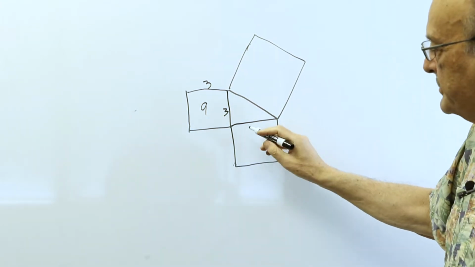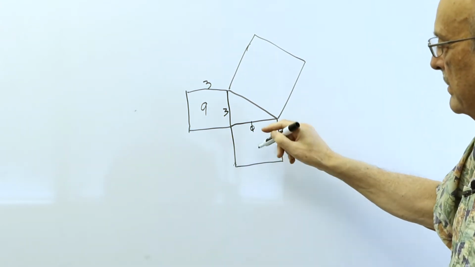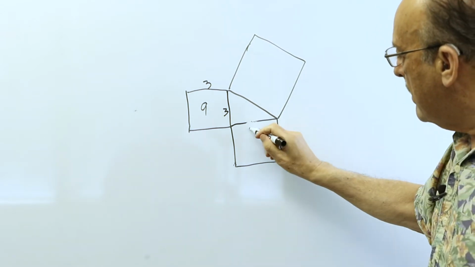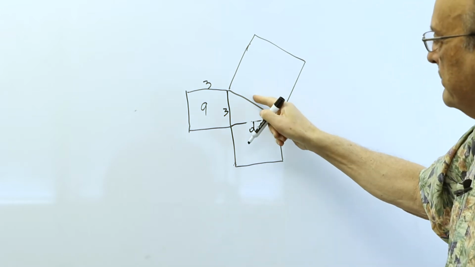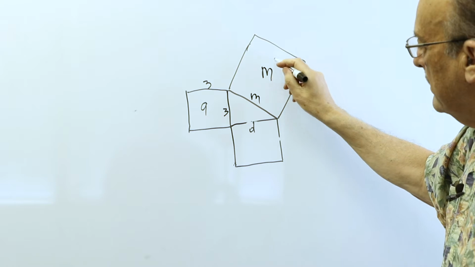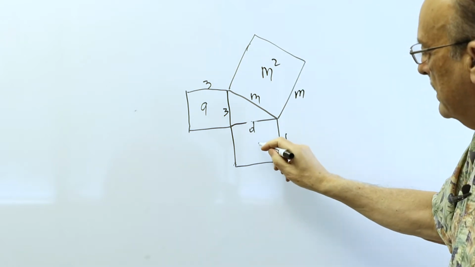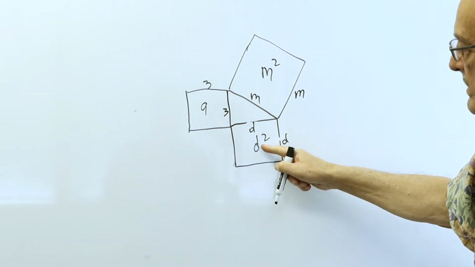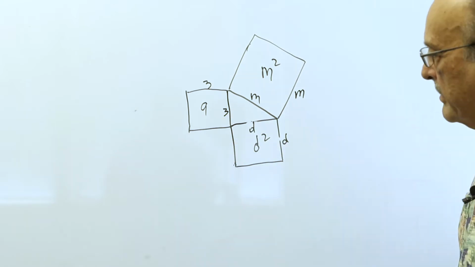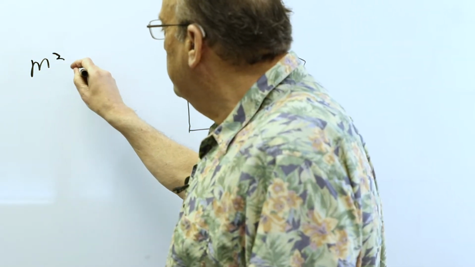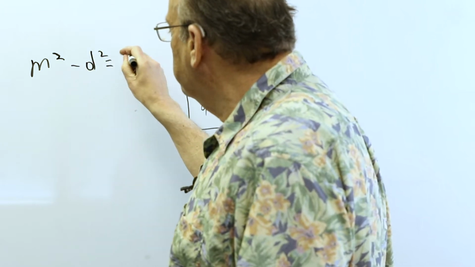We don't know this side yet, so let's call it D, and this side we'll call M. So these two will be M squared and D squared. And according to the Pythagorean theorem, M squared minus D squared equals 3 squared. So M squared minus D squared equals 9.